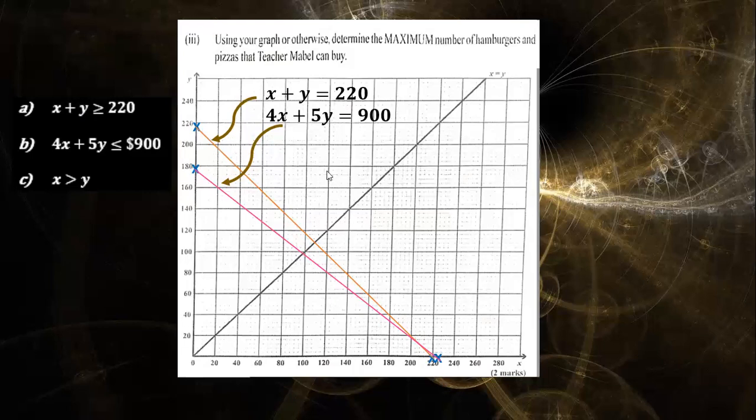So I'm going to shade above this line. I'm going to shade above x plus y equals 220, and I'm going to highlight this line in red to demonstrate I'm also considering the points on this line, x plus y equals 220, and the points above the line. So it should look like this.